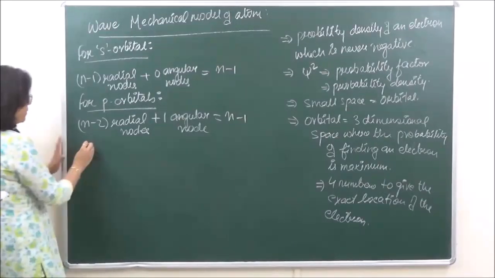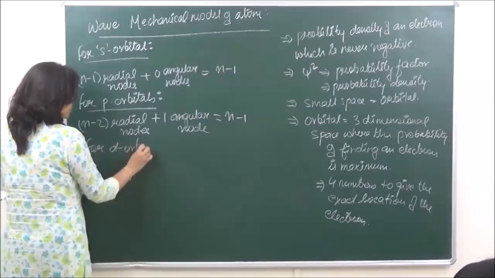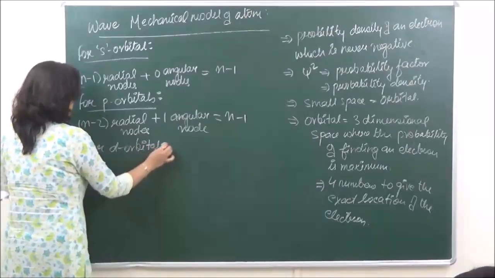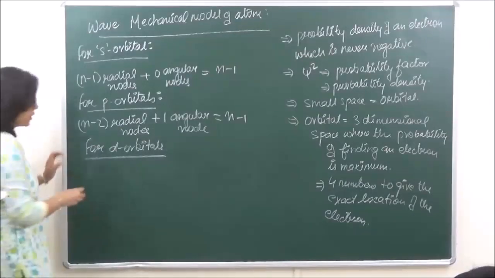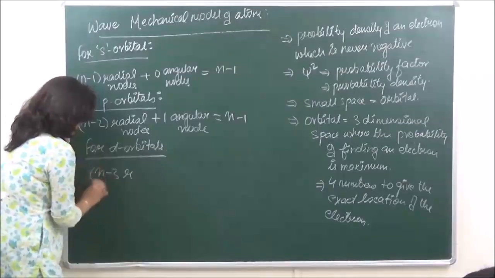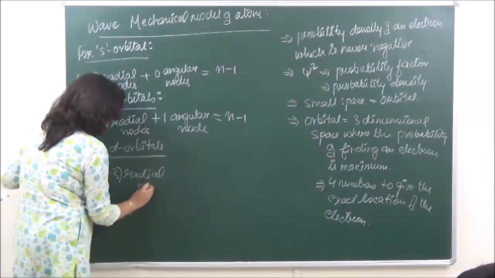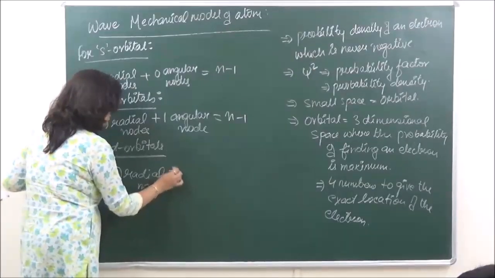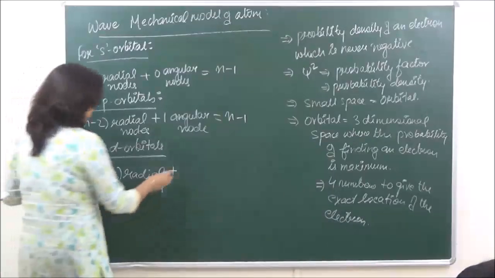Then for d orbitals, the radial nodes are going to be n minus 3, and there are 2 angular nodes.